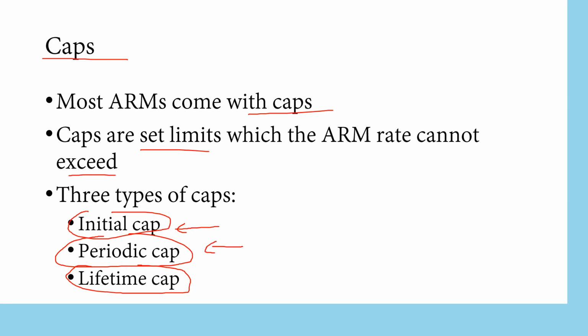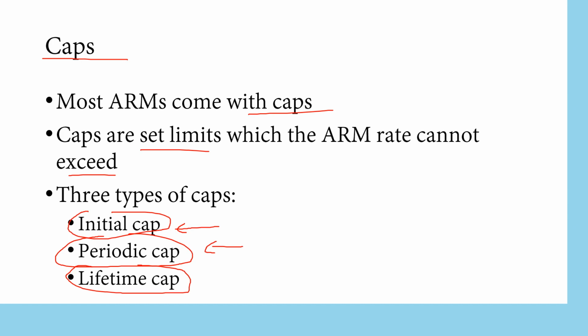Now, the periodic cap is different. The periodic cap is the max percentage that the mortgage can go up during subsequent adjustment periods. This is a limit to how much the interest rate can change on all subsequent adjustment periods other than the initial adjustment period. Remember that the initial cap is the max percentage that the interest rate can go up or down during the initial adjustment period only.